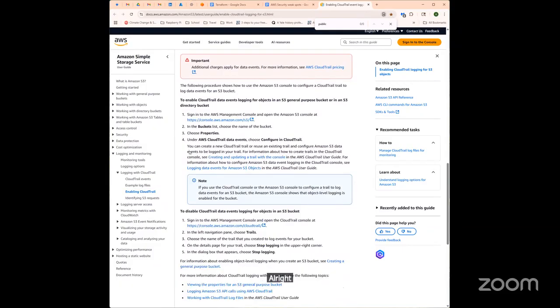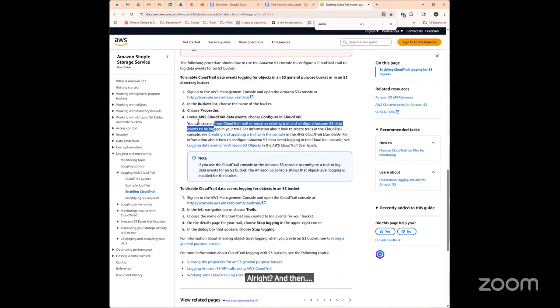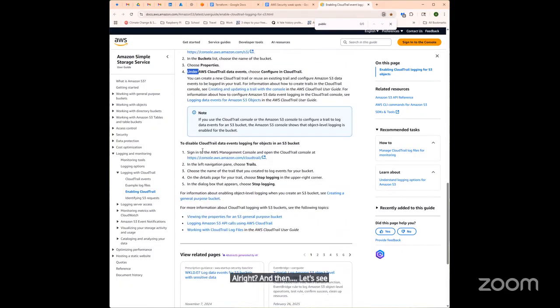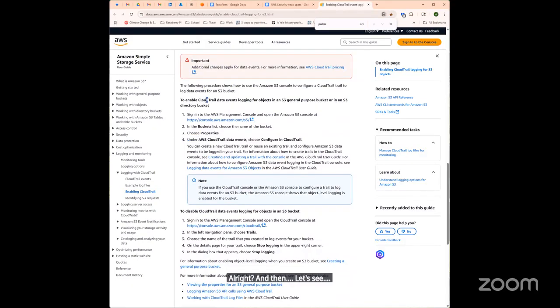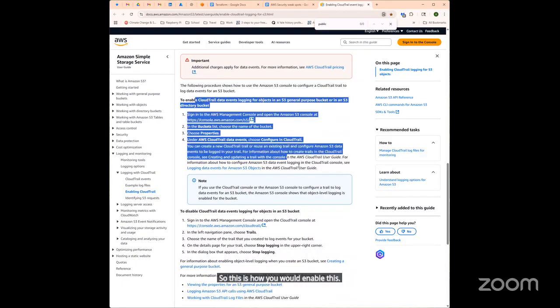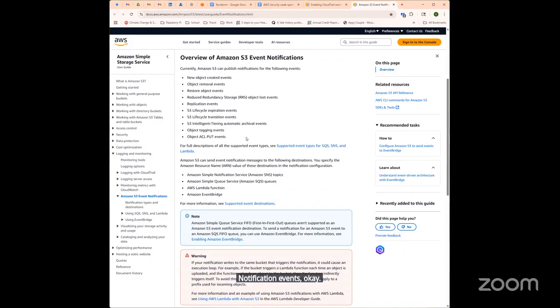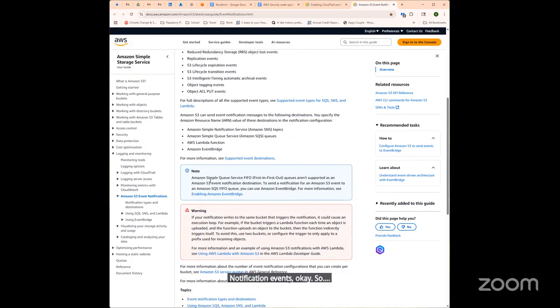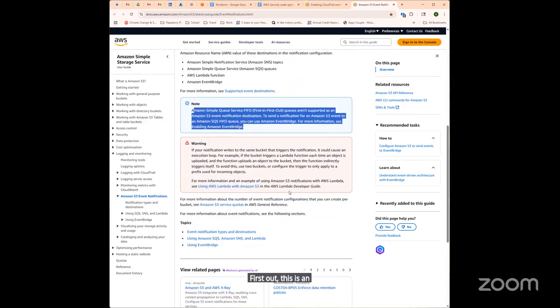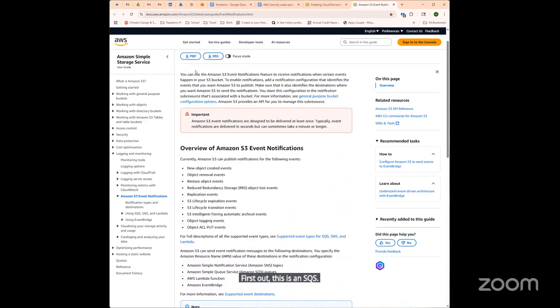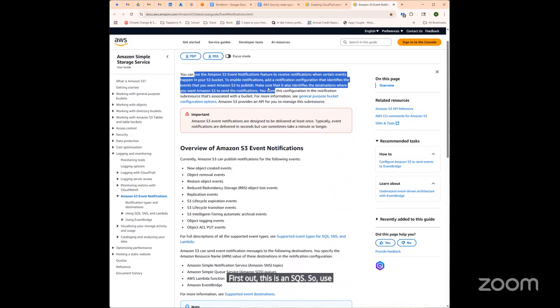All right, so this is how you would enable this. And let's see if we can go for notification events. Okay. First up, this is an SQS. So use S3 to receive notifications.